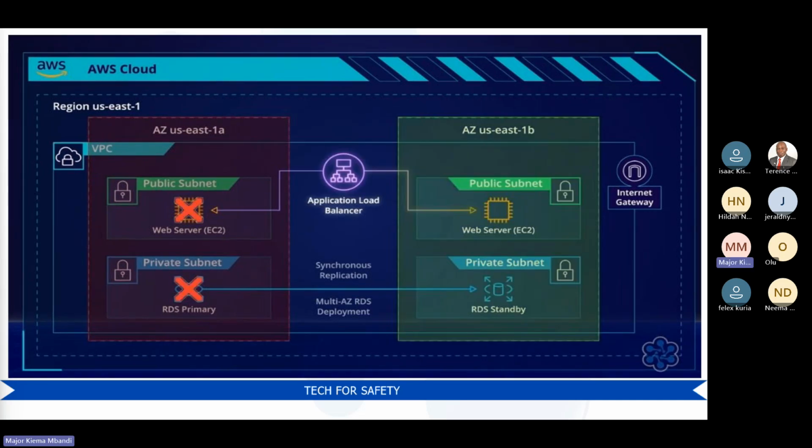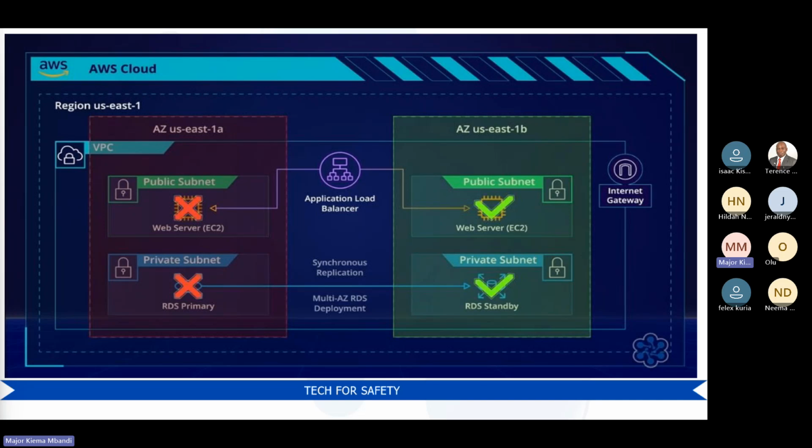Yeah, so that's what I was explaining. So you have now the web server in availability zone 1A not able to serve more traffic, and also the DB, since they are in the same availability zone. So now the EC2 instance in availability zone 1B will be the one that the application load balancer routes traffic to.